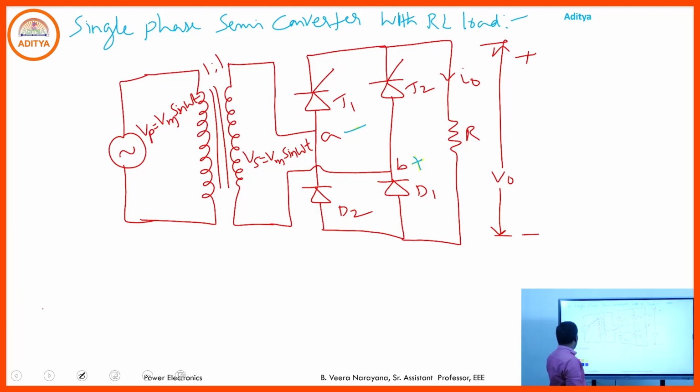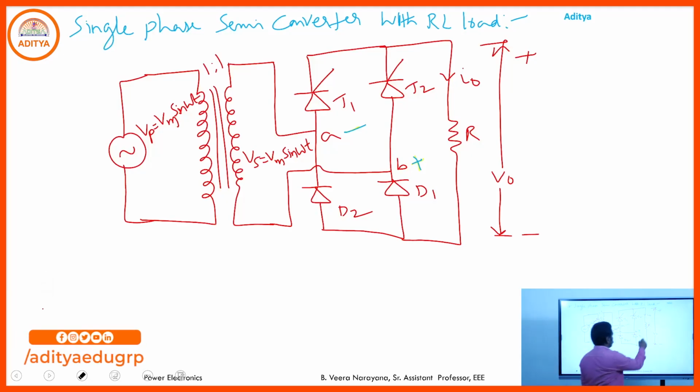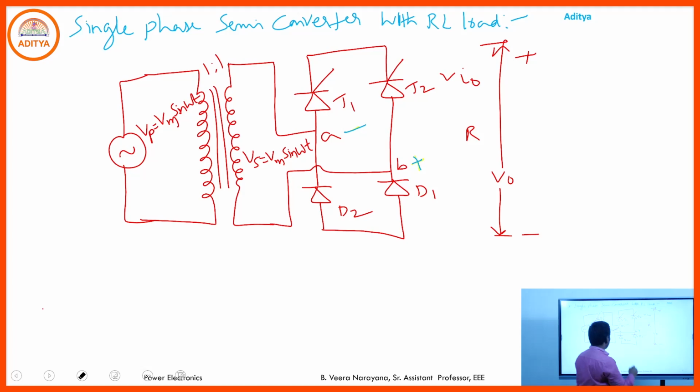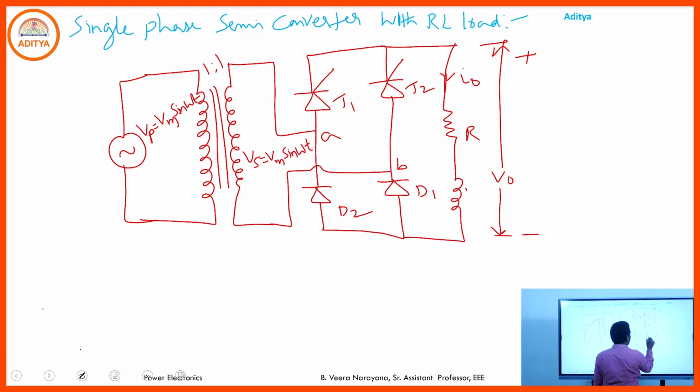So coming to the circuit diagram, it is the L and it is the R, and simply it consists of an RL load.